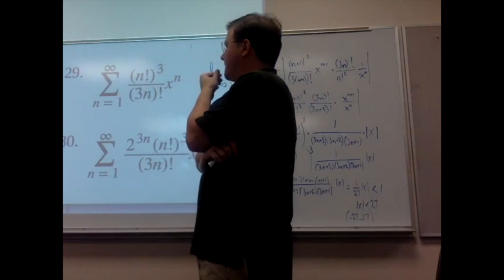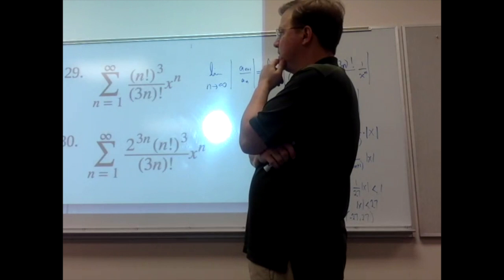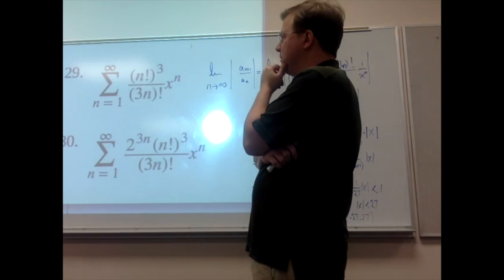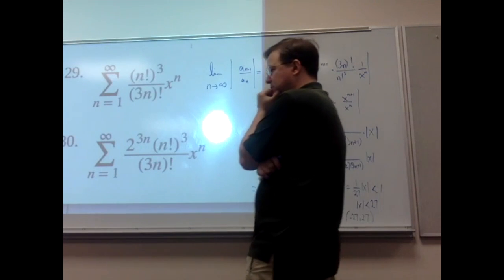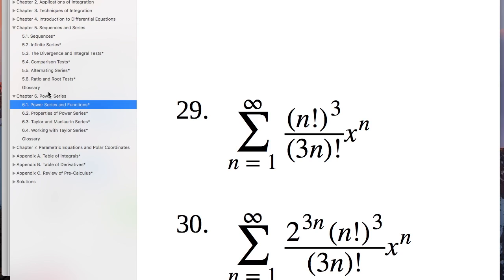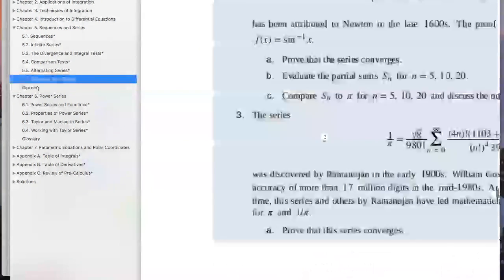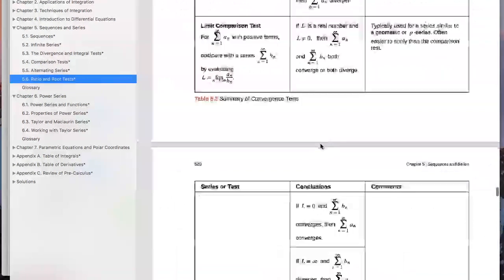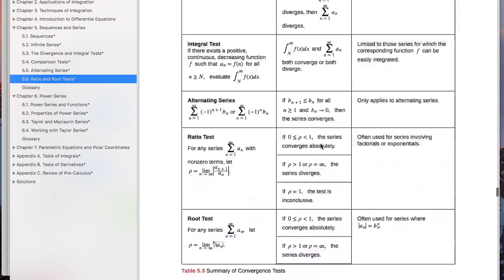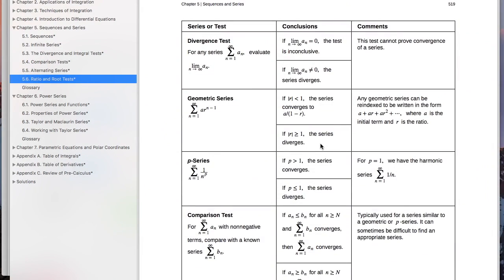And the root test, I don't think I want to go there. What else is there? Yeah, let's see here. This is a good time to review that. We had like a table, didn't we? There it is. Just to kind of review what we know.